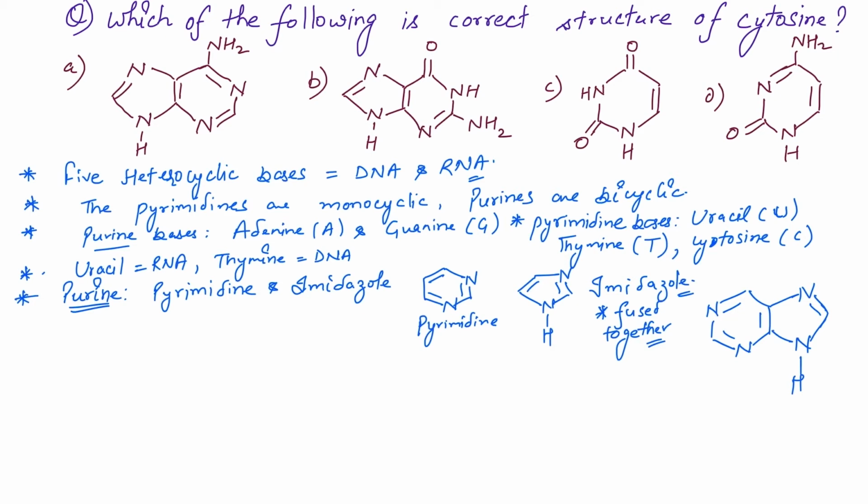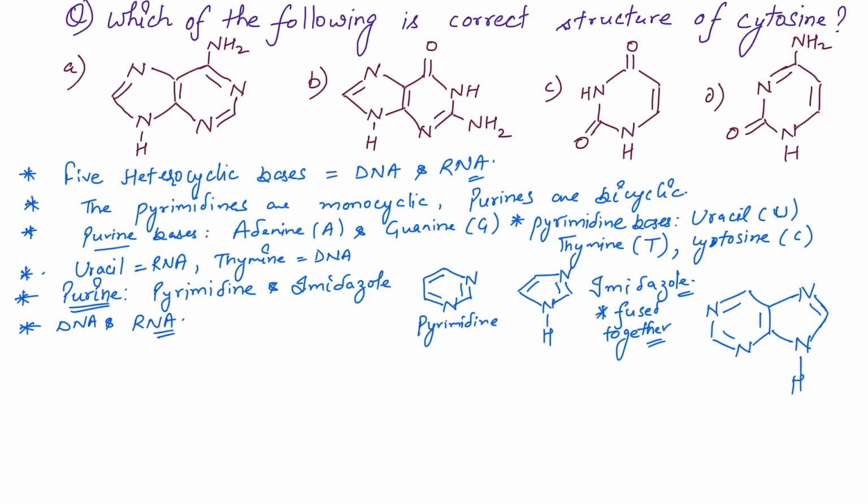Now this is the structure of purine. If you carefully look at the options, and one thing more, that DNA and RNA they basically contain purine bases and pyrimidine bases.